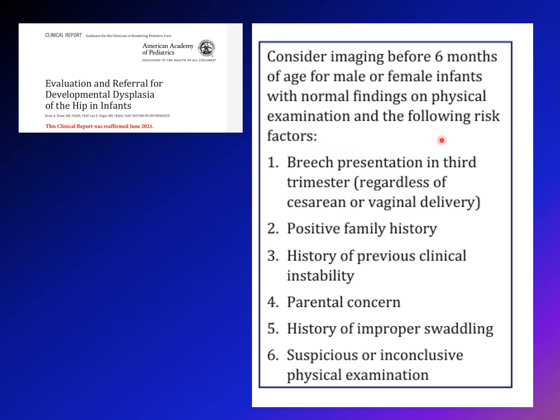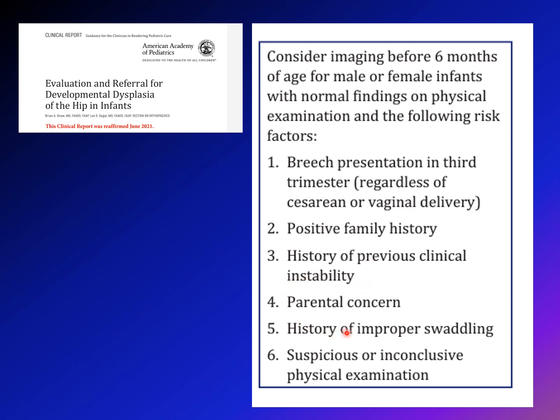When is this done? If there is a breech presentation in the third trimester, as we said, regardless of vaginal or cesarean delivery. If there is a positive family history, these two are very important risk factors. If there is a previous history of clinical instability, meaning that you detected a Barlow test that improved, or there was an asymmetrical exam, and you want to make sure that the patient does not have a dislocation.